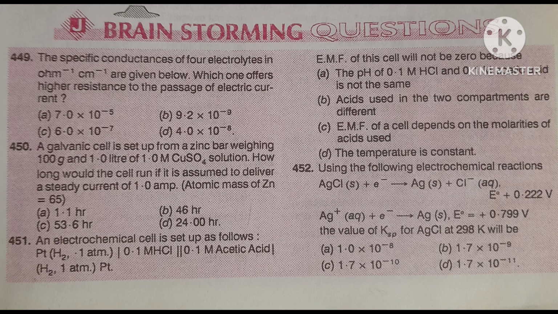The other reaction, both are actually reduction reactions: Ag plus aqueous plus one electron gives Ag solid, and for this the standard electrode potential is given as plus 0.799 volt. The value of KSP for AgCl at 298 K will be.